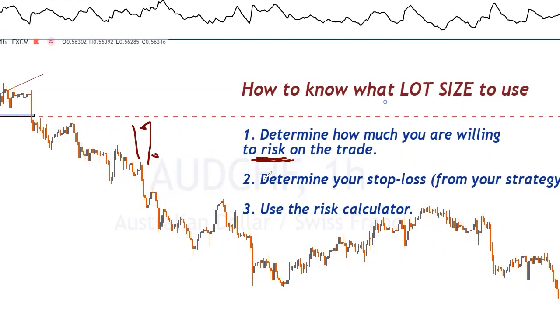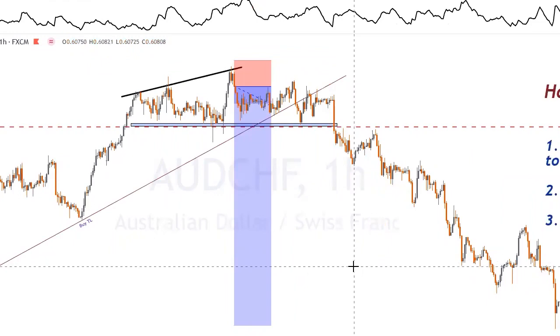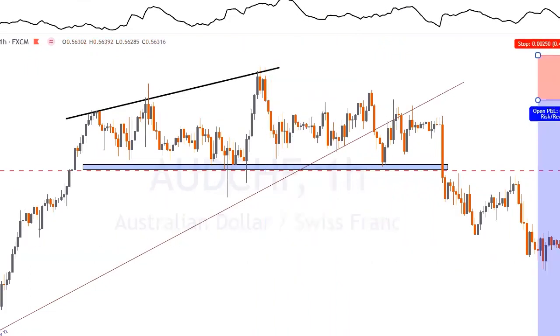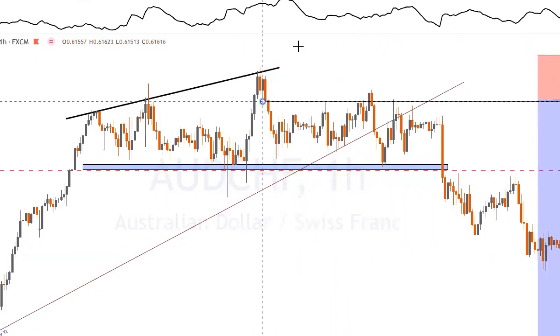So for example, let me take us to a particular trade that we analyzed in this place. This is AUD CHF. Let's just say my entry is right here at the close of this candle, this bearish engulfing candle.